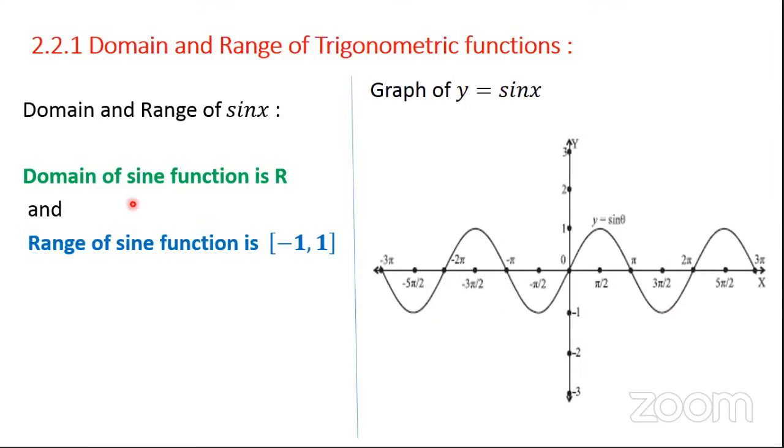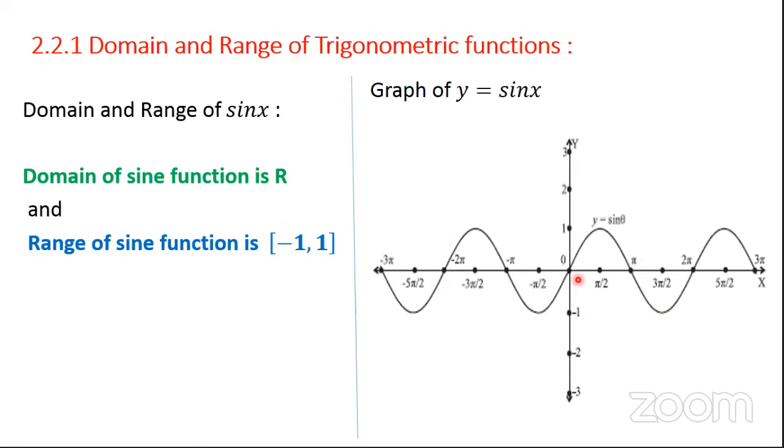Therefore, domain of sine function is the set of real numbers, and range of sine function is -1 to +1. Because you can see in the graph, sin x always lies between -1 and +1. It never exceeds this limit.